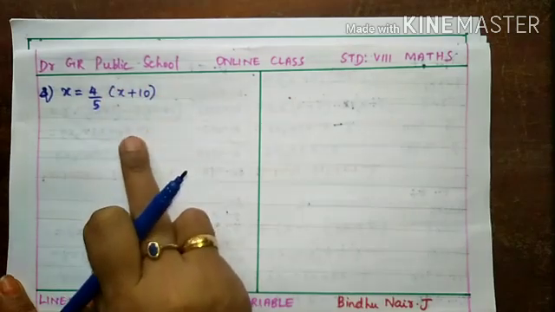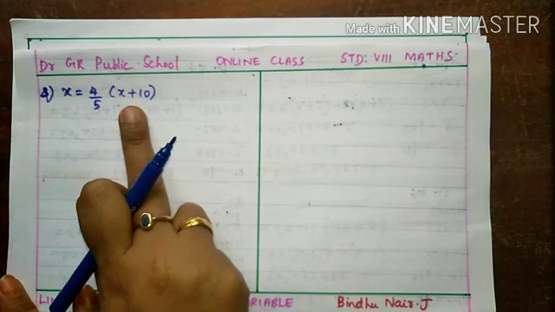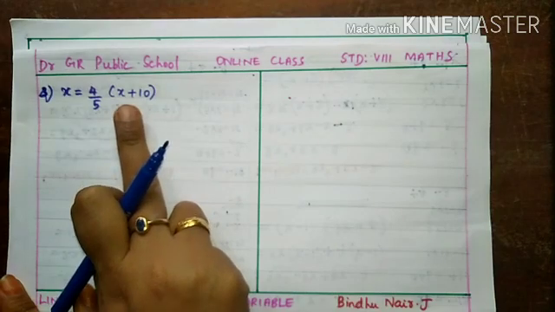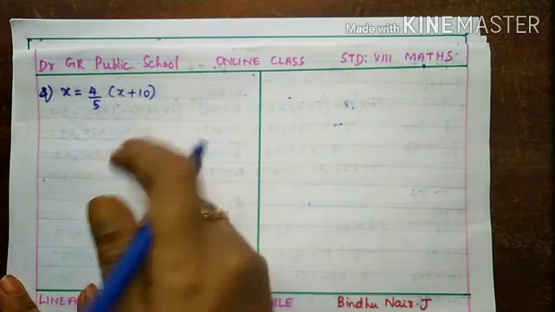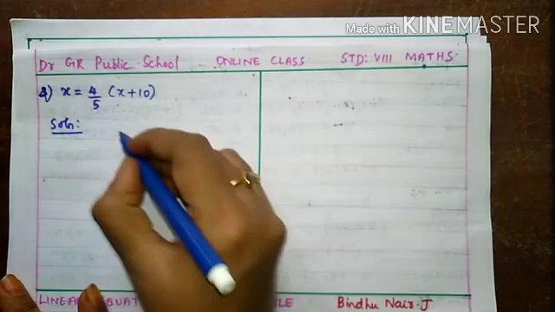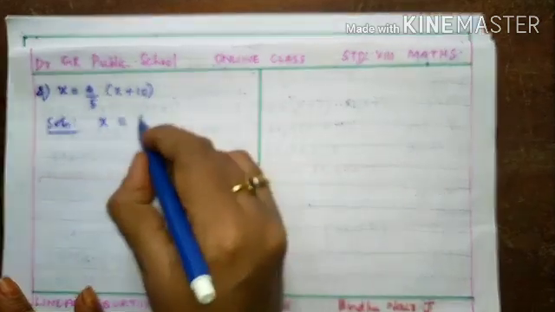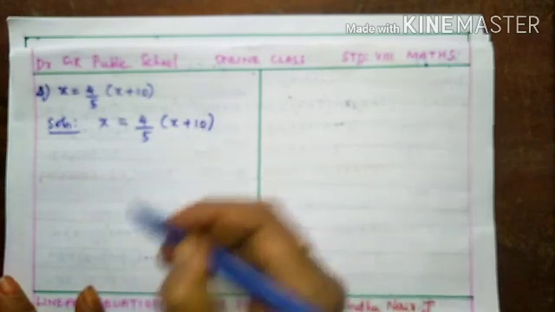Whenever you see a bracket, what will you do? Yes, we want to open the bracket. Okay, so that is the method what we are applying here. Yes, so we can start solution. Just write the equation x equal to 4 by 5 into x plus 10.